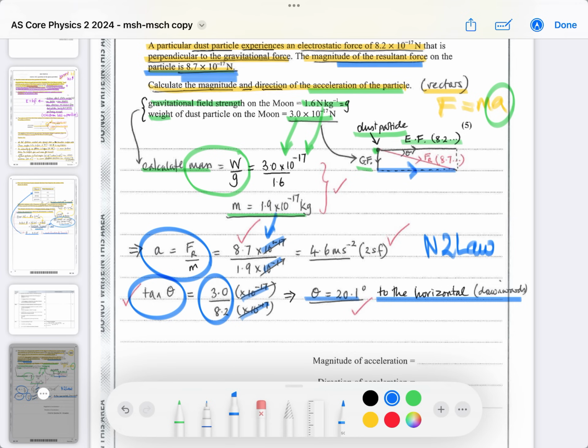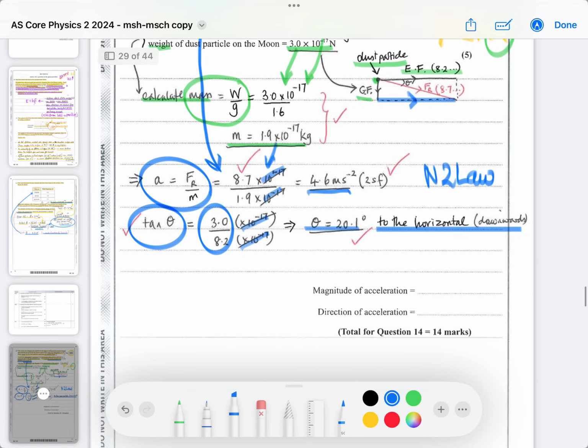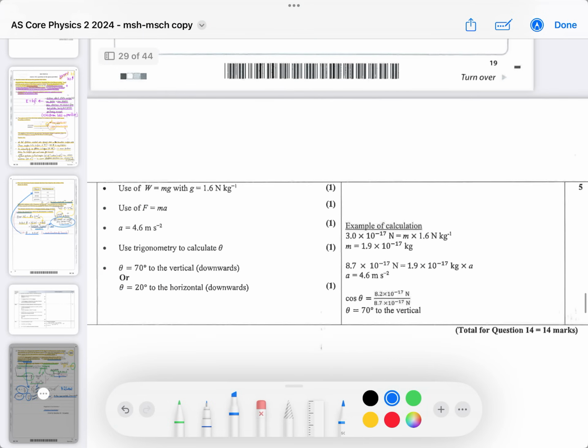So you put the mass in there, and again the 10 to the minus 17s cancel out, and you get an acceleration of 4.6 meters per second squared along the angle that we just worked out. And make sure you express the angle correctly in terms of direction. And that's the end of question 14.